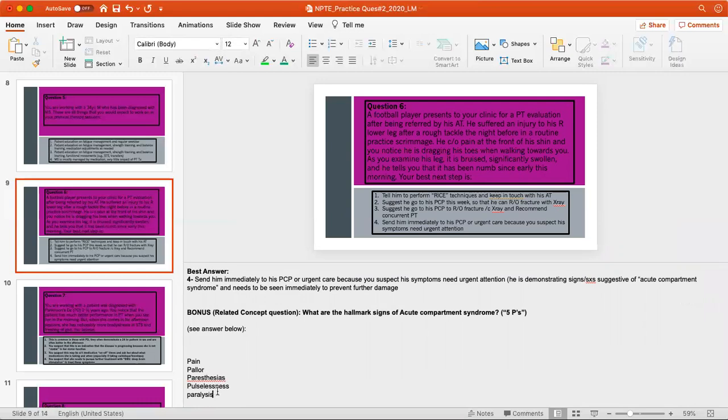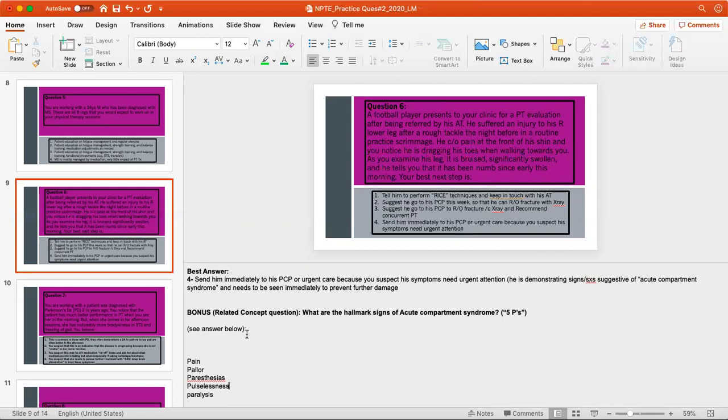Paresthesias and paralysis, compromise to the neural structures. And then pulselessness is another indication that some of the vascular structures are compromised. That pressure, that increase in intercompartmental pressure has cut off blood flow to the area. So your dorsal pedal pulse or potentially tibial pulse could be decreased or absent.